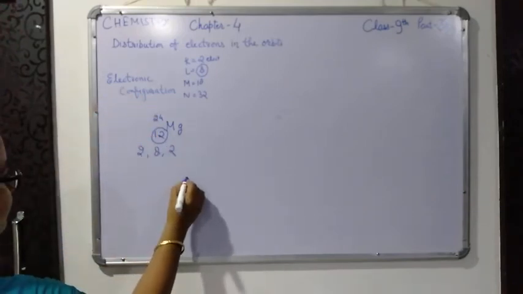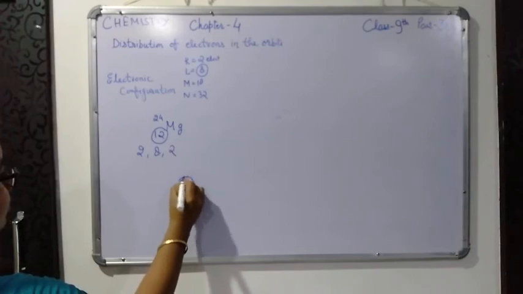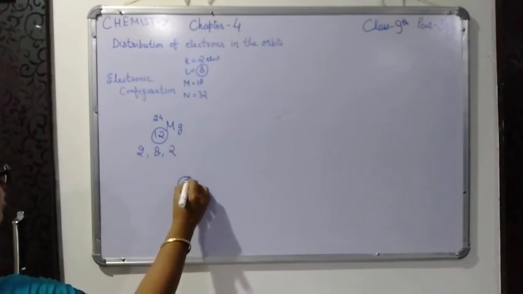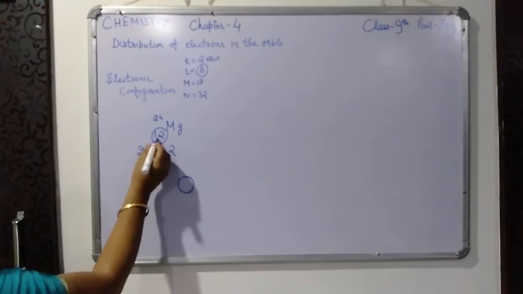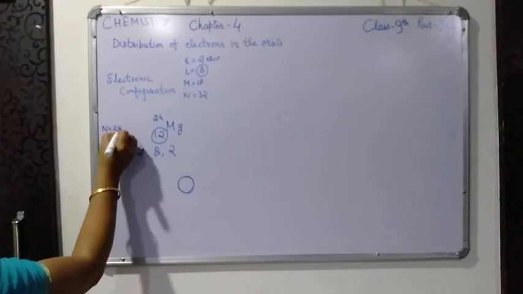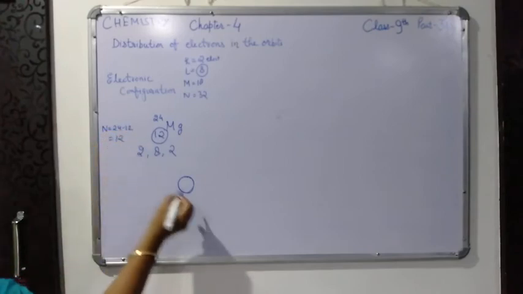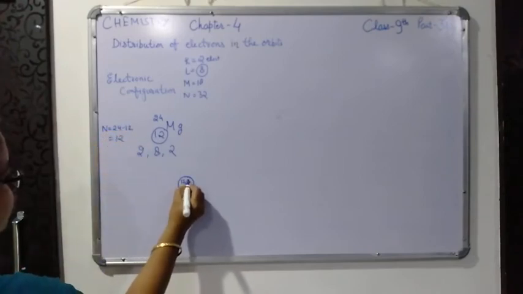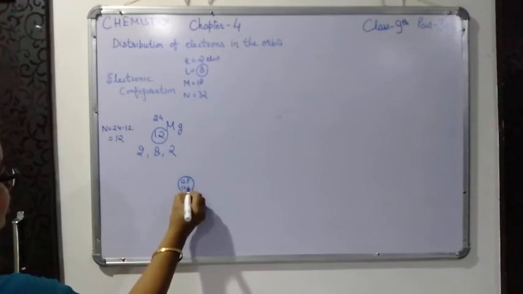First, this is the central part. Since atomic number is 12, and the number of neutrons will be 24 minus 12, that will also be 12. So in the center you can write 12 protons and 12 neutrons.